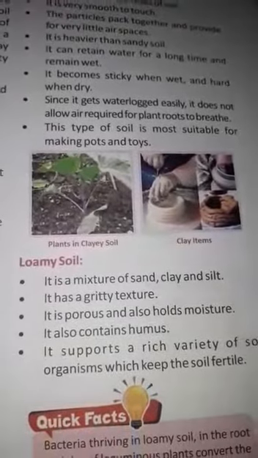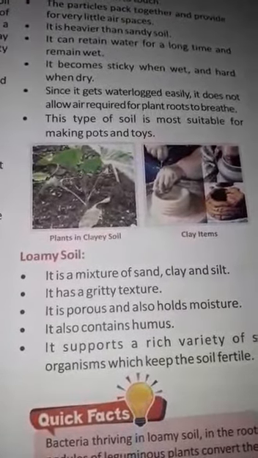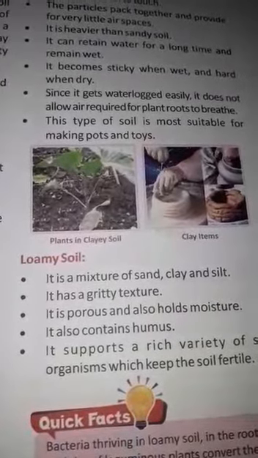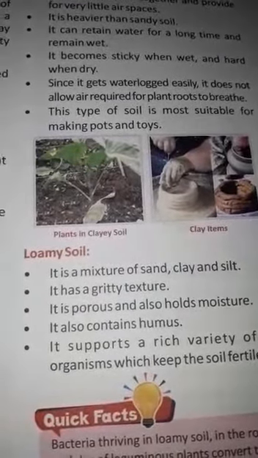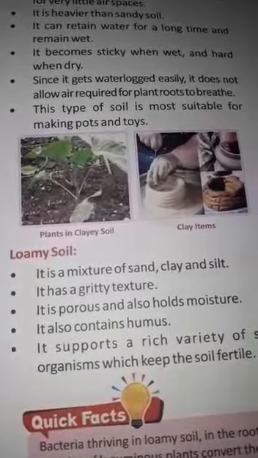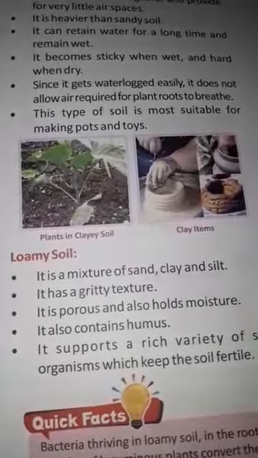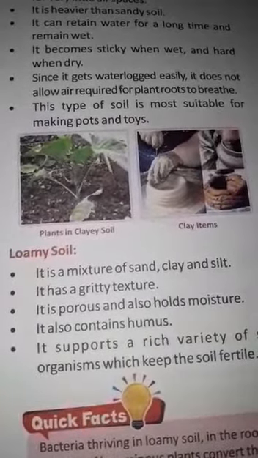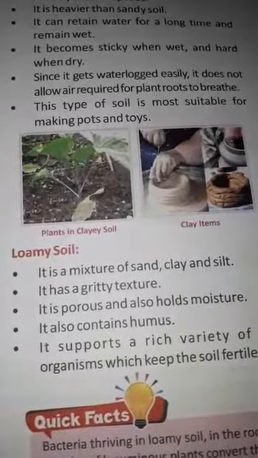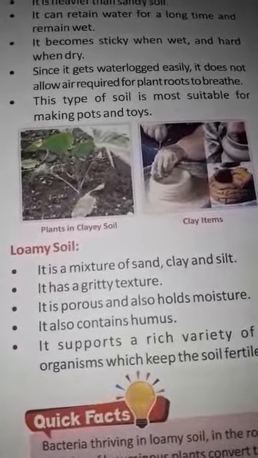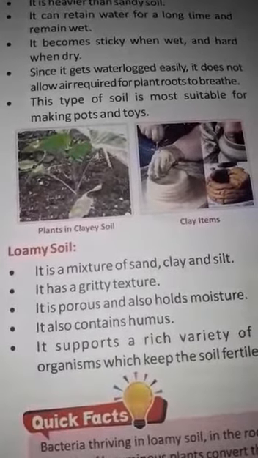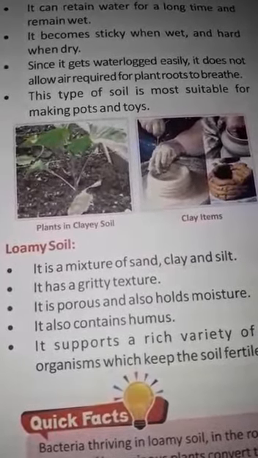Now the loamy soil is a mixture of sand, clay, and silt. This is an intermediate type of soil in which sand, clay, and silt are all three present. It is gritty textured, porous, and holds water or moisture, and it also contains humus, the organic component or fertilizer.